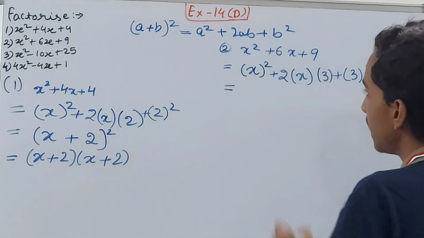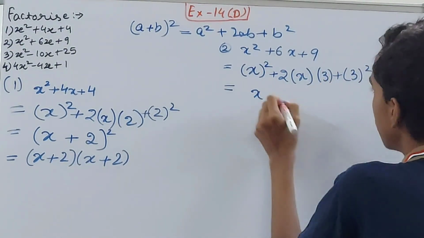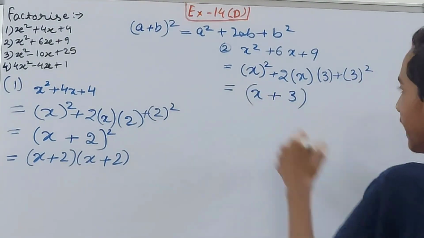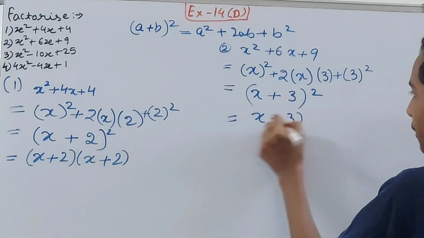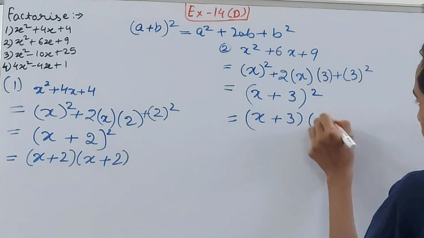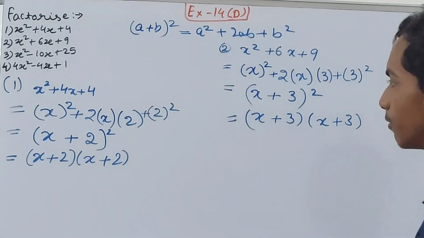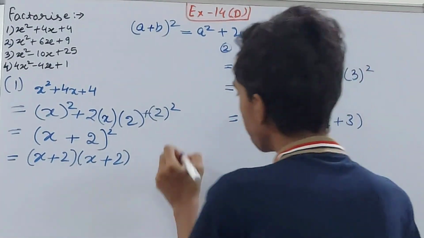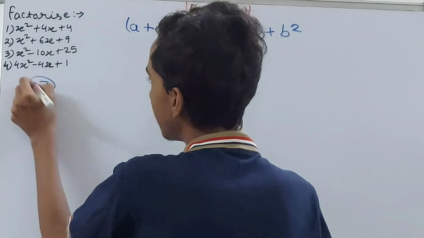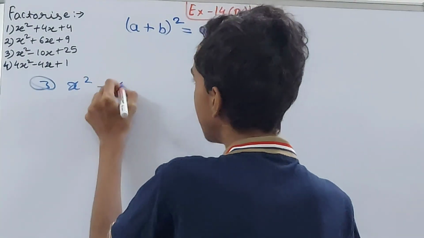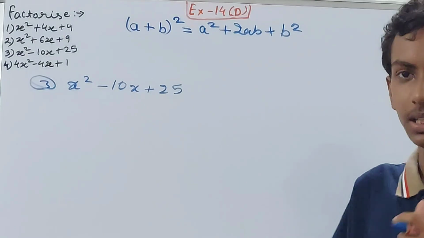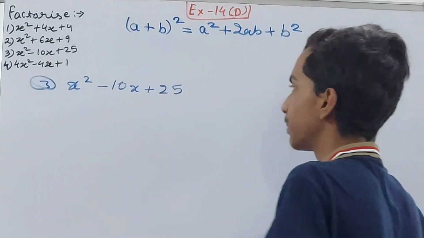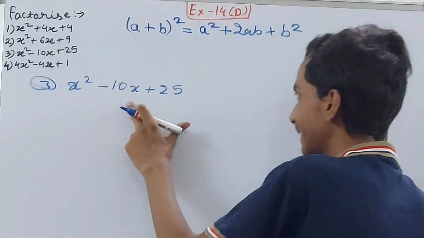Now a is x and b is 3, so x plus 3 whole square, that you can write as x plus 3 into x plus 3. That is your final answer, right? Now see the third question. This has x square minus 10x plus 25. Here also, can you see that we have a different expression, x square minus 10x plus 25.